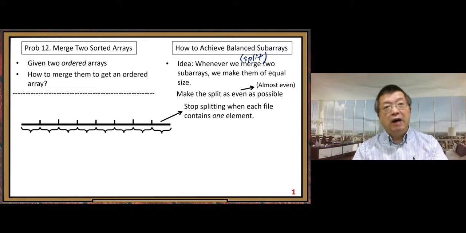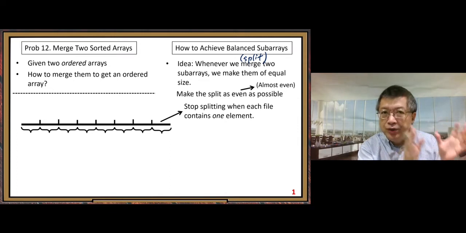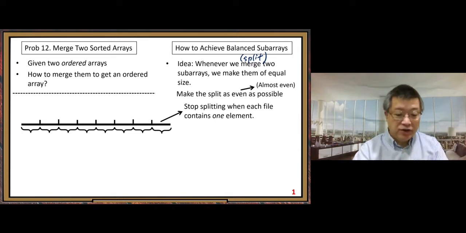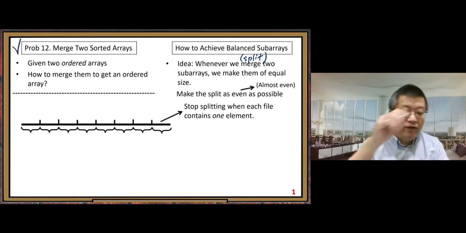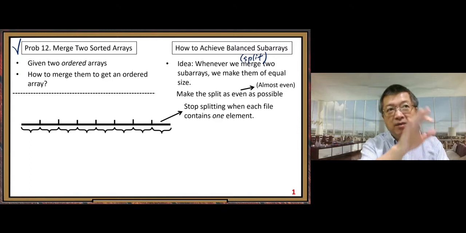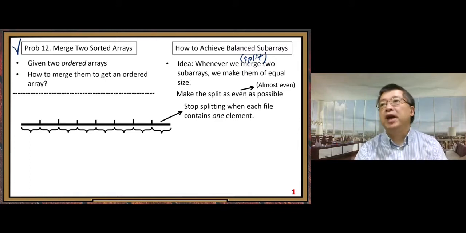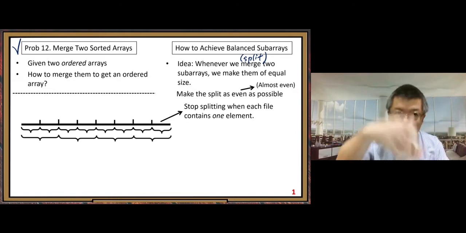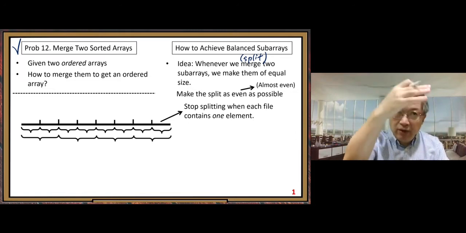So after that, we do the merge. Merge two adjacent ordered subarrays. Suppose we can solve our problem number 12, then we apply it, and we get a merge step. All right, after that, we will do several rounds.